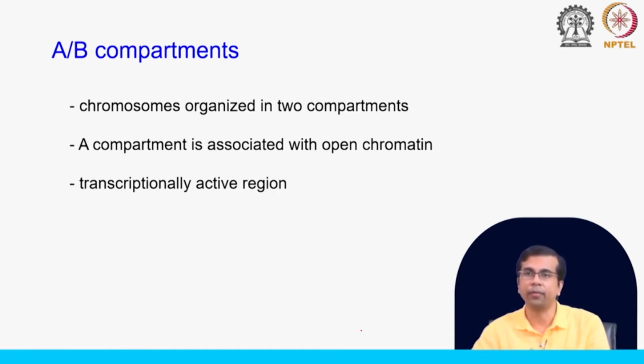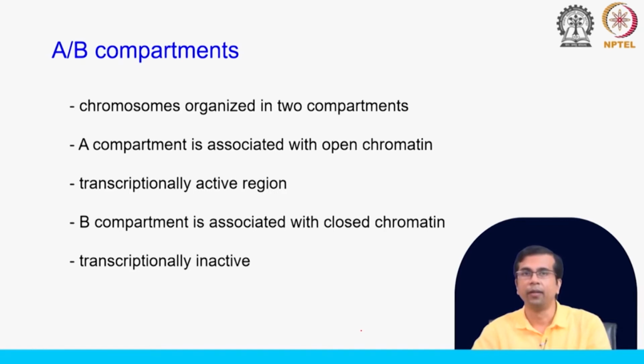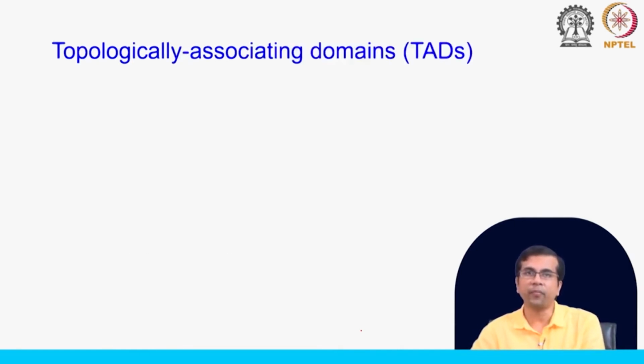We have come across this term open chromatin many times, and you understand that this region is open for transcription factor binding and RNA polymerase. So, transcription can happen, and this region is transcriptionally active. On the other hand, you have B compartment which is associated with closed chromatin. This region is condensed, so it is not nucleosome occupied and mostly transcriptionally inactive.